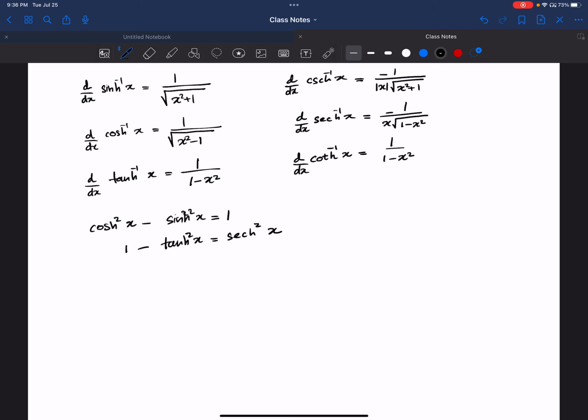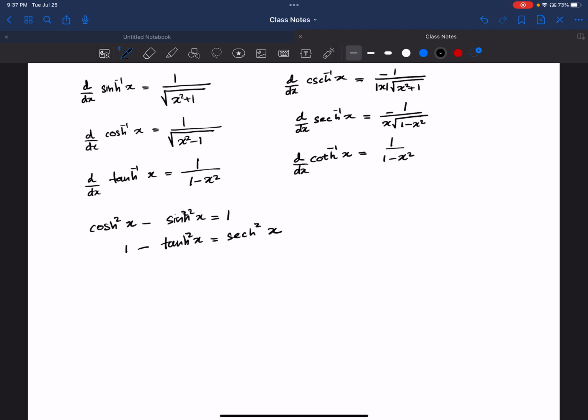So these identities can also be used here. And let's see what things we can do. We can use this kind of function.